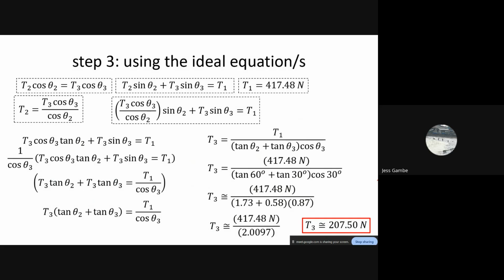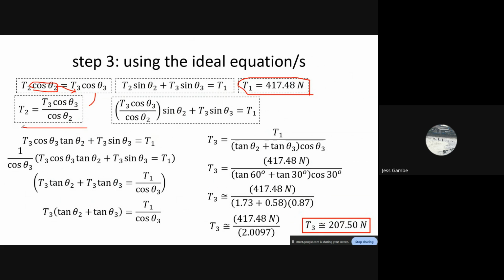Using this expression, T2 cosine theta 2 is equal to T3 cosine theta 3. And the second expression, T2 sine theta 2 plus T3 sine theta 3 equals T1, the value of T1 we solved earlier. Rewriting, divide this one by cosine theta 2 by crossing, so you get this expression.